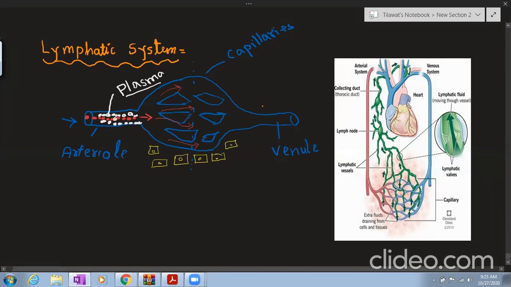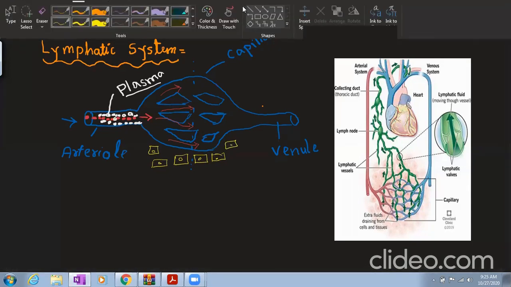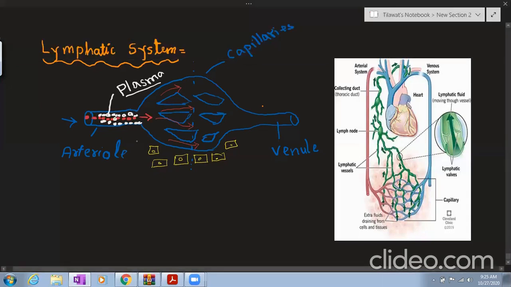Now, if you see here, when blood is coming from the arteriole to these capillaries, initially at this site the pressure is more. Because of that pressure, the small things squeeze out through the capillary pores.